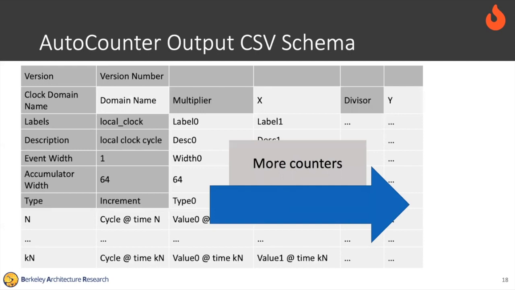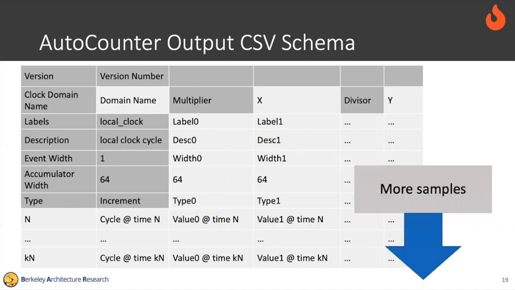As you move to the right, you'll have more and more columns for the various counters that you have in your system. And as you go down in this file, you'll get more and more samples. The number of samples, of course, depends on the sampling rate you set. You can set the sampling rate to be really high, and that'll just slow down your simulation, but not affect the actual outcome of your simulation.